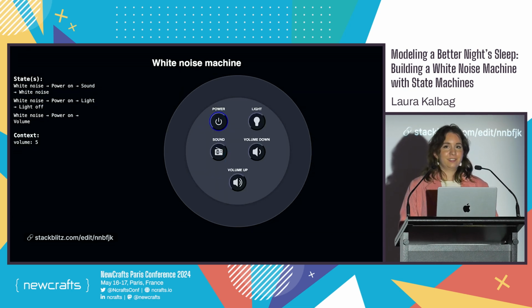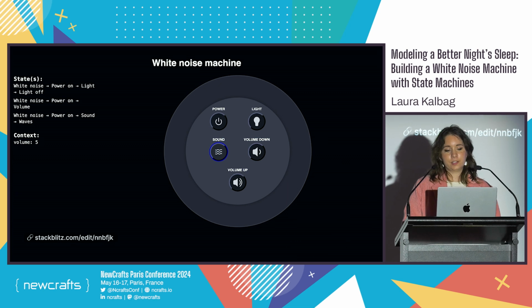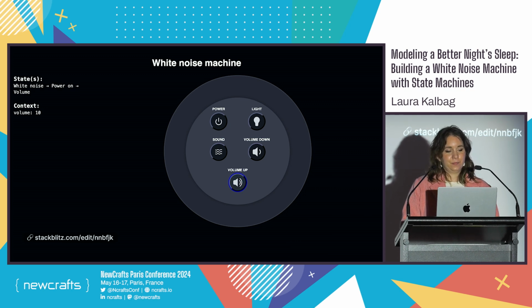So I power on, and I have white noise. I can toggle through waves, and turn the volume down, turn the volume up again. Can't go any higher than 10. Back to waves.